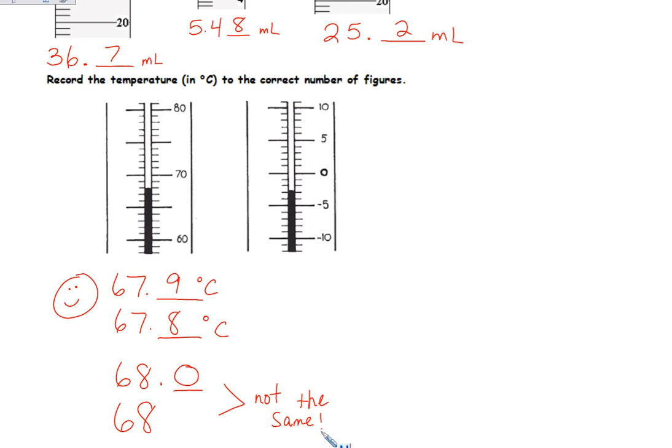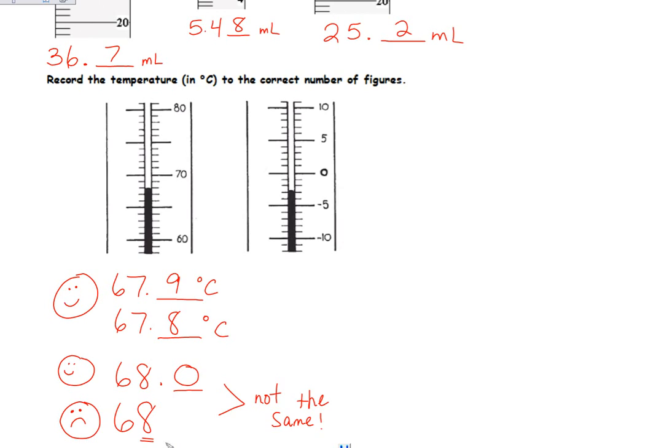Because again, the last number is the estimate. This is totally fine. They knew it hit the 68 and they were estimating that's right smack on. Any of these would be totally acceptable, but not this one. Because that 8 now is your estimate. The last number in a measurement is your estimate. So you're telling me that you're not sure it hits the 68.